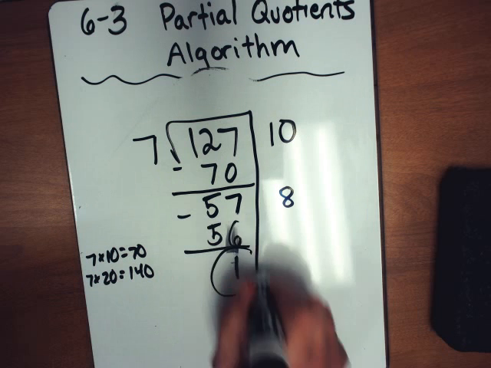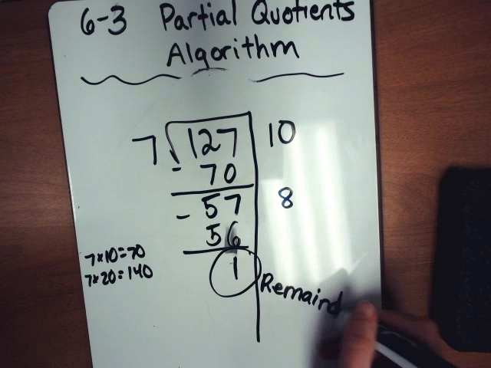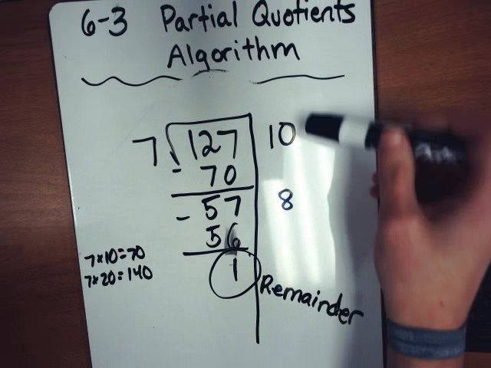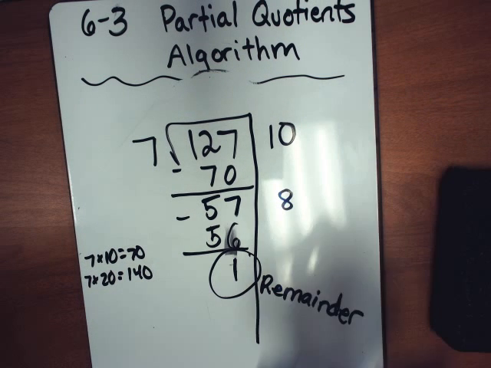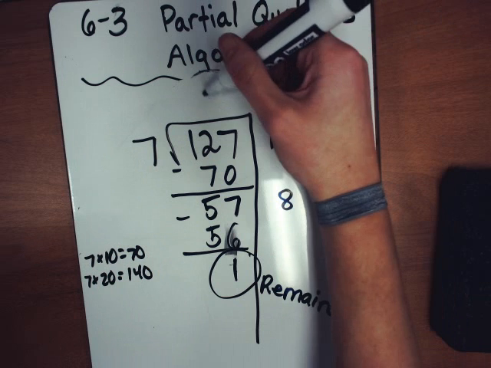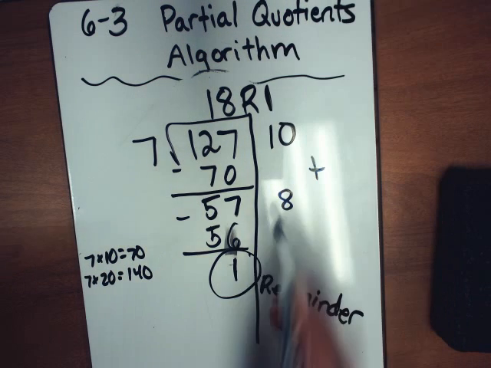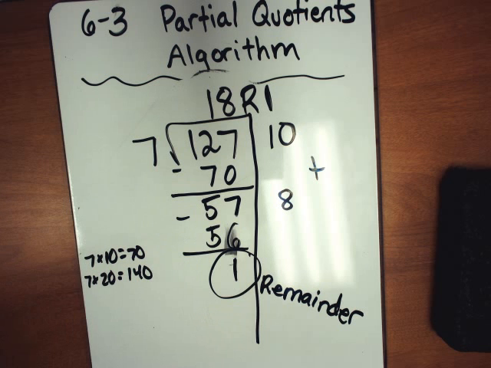So this is what we call a remainder. Okay, so I've got 10 that I shared out, 8 that I shared out, so I can add these two together, and I've got 18 with a remainder of 1. So that's my answer for 127 divided by 7.